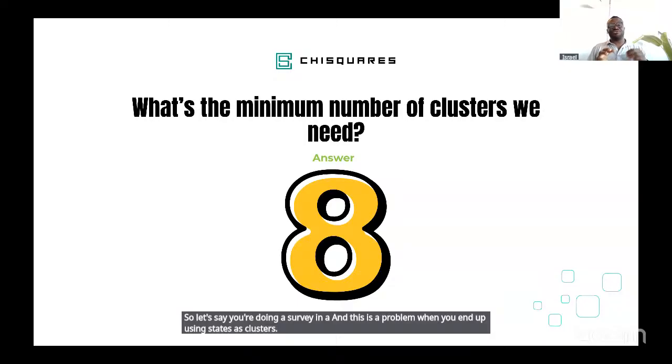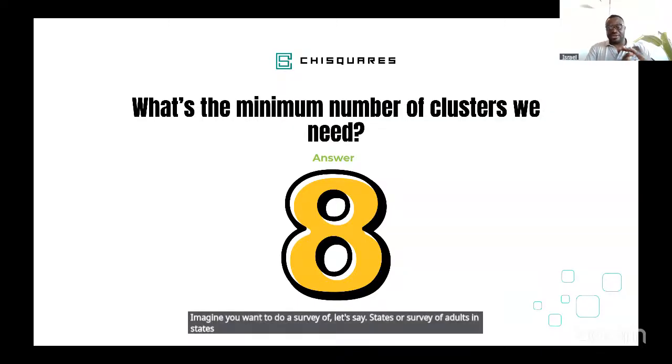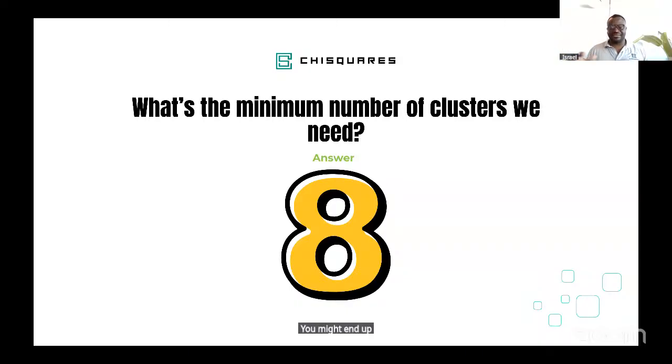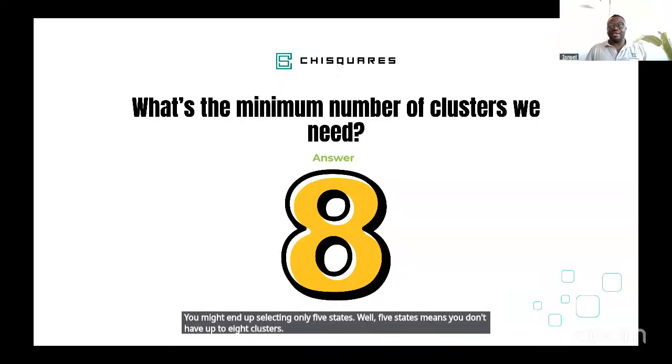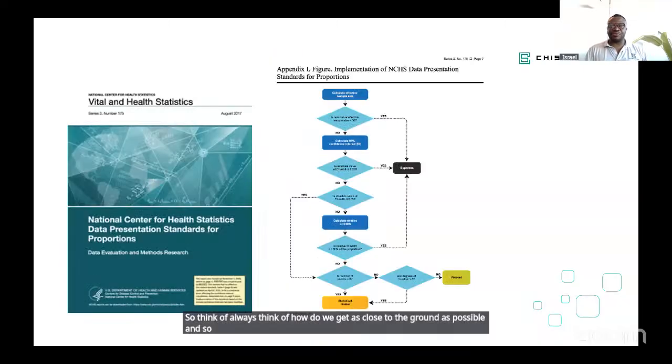Imagine you want to do a survey of adults in the northern part of the country, and you chose to use states as clusters. You might end up selecting only 5 states. Well, 5 states means you don't have up to 8 clusters, right? So always think of how we get as close to the ground as possible. And so the minimum number of clusters you want to get is 8.